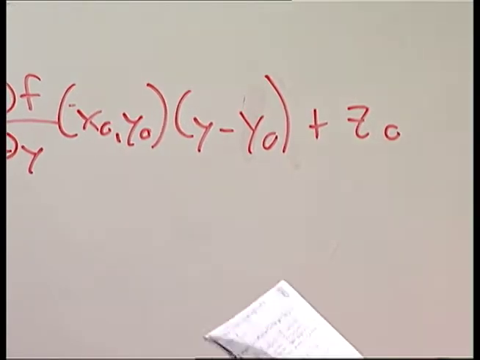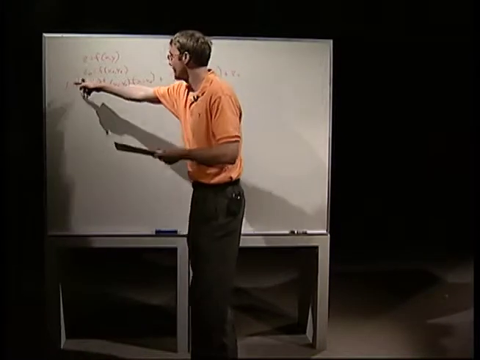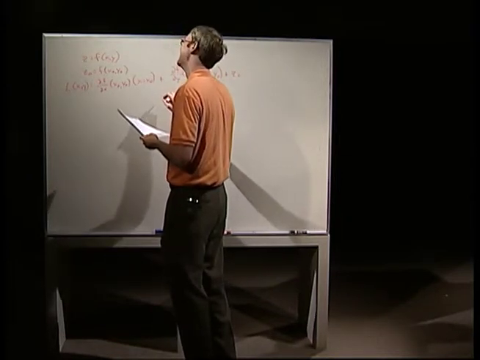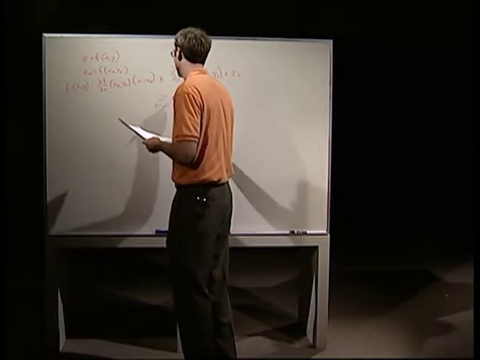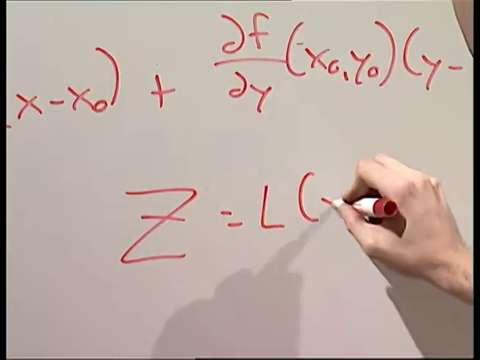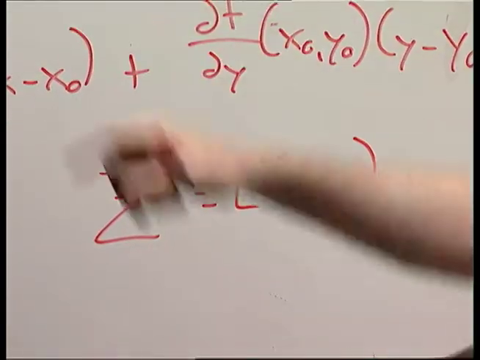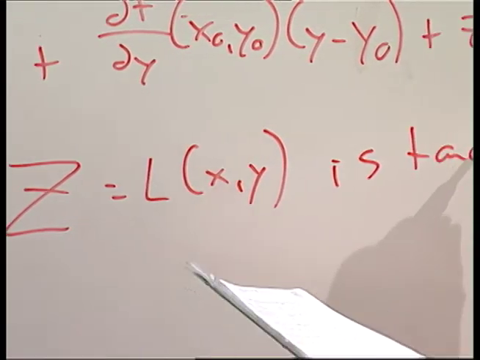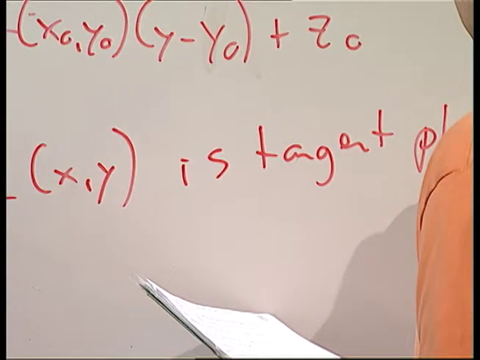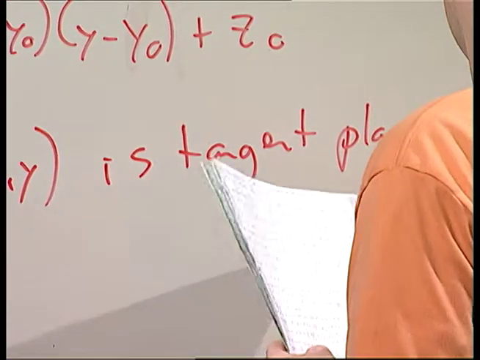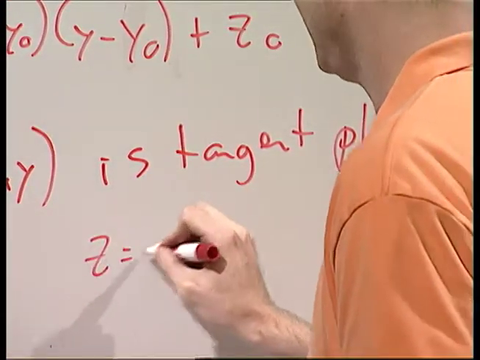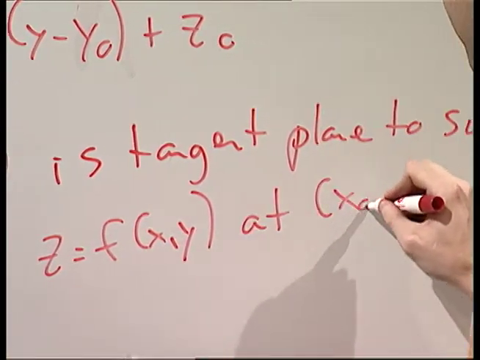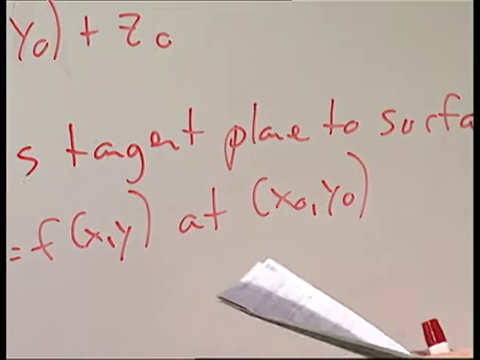So how can we see this? Suppose we called this a surface. Let's use capital Z here, made really big and bold to distinguish it from small z. So let's call this capital Z. This is the tangent plane to the surface little z equals f of x, y at x naught, y naught. Why?